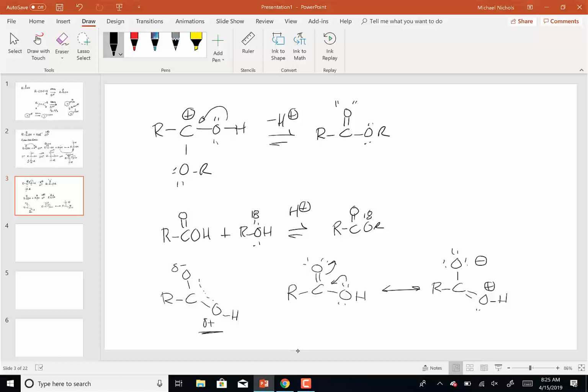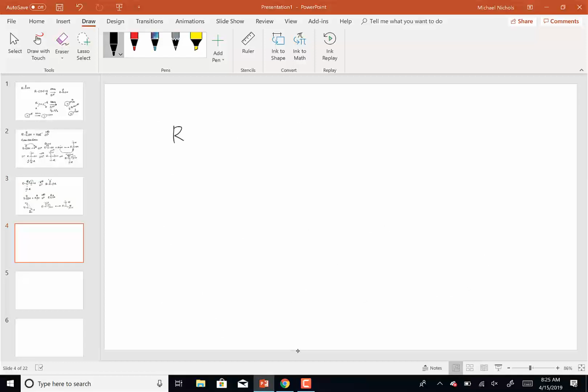Now there's other ways to make esters out of carboxylic acids. I could say, okay, I want to convert my carboxylic acid to an acid chloride and then react the alcohol with it.